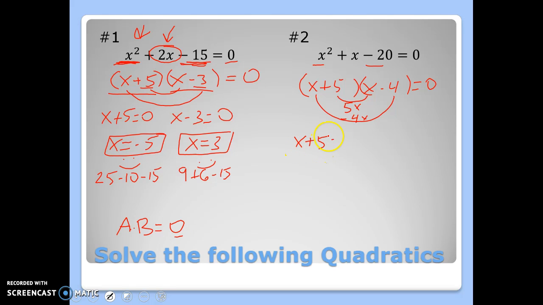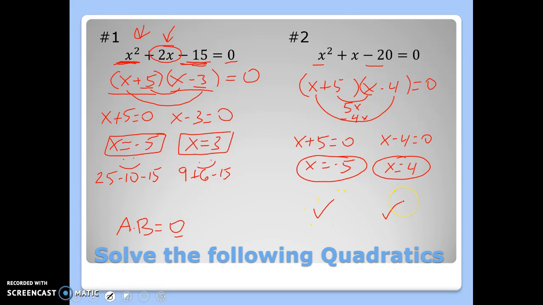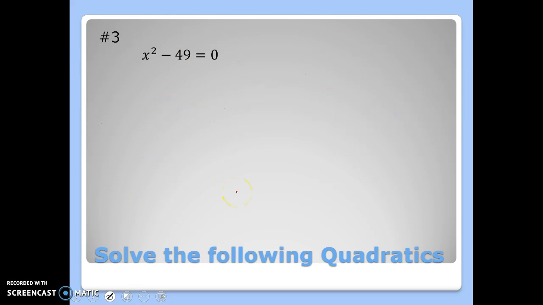Either the x plus 5 is equal to 0, or the x minus 4 is equal to 0. And if I subtract 5 from both sides, x is going to be negative 5. The second one, if I add 4 to both sides, x is going to be positive 4. And so my two solutions are x equals negative 5 and positive 4. And you should check those by plugging those numbers in, just like we did over here, to make sure that those work. Let's do some more examples here.